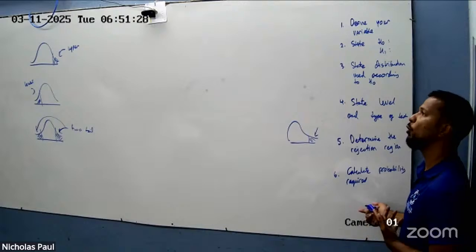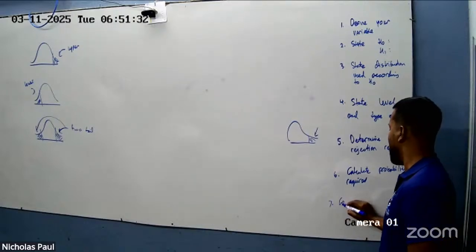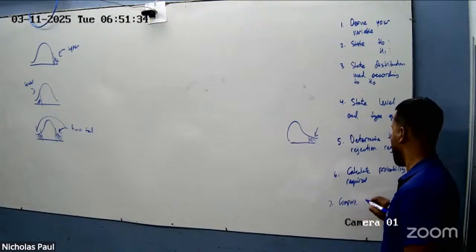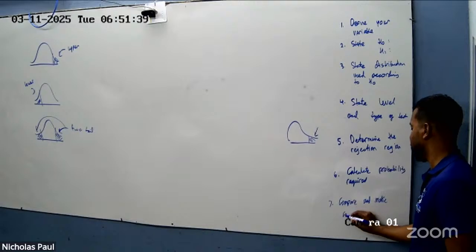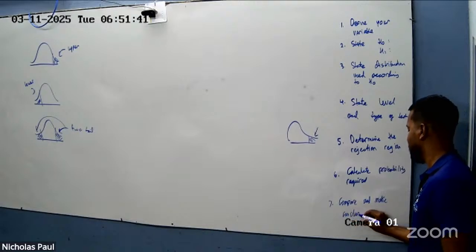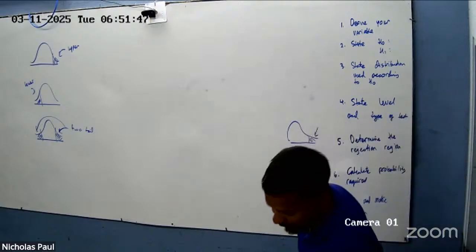We kind of call that a calculated value. And then we compare and we make our conclusion. Those are the 7 steps that we need to do.